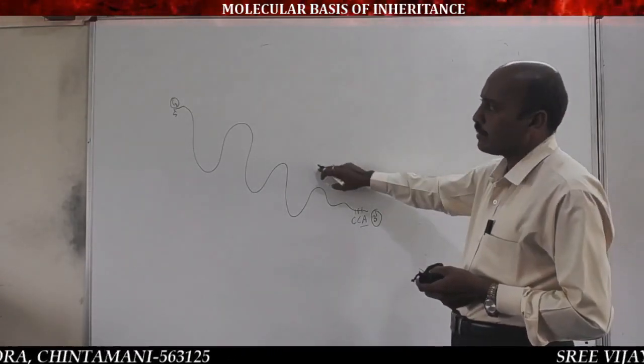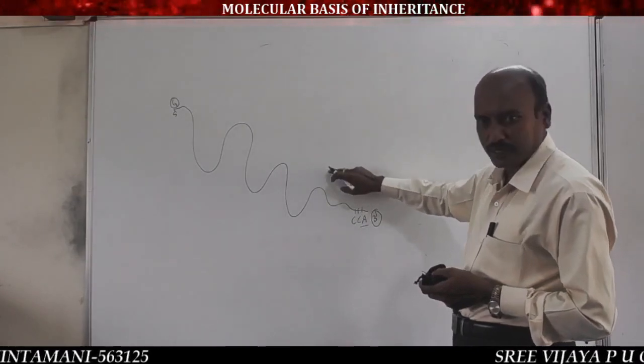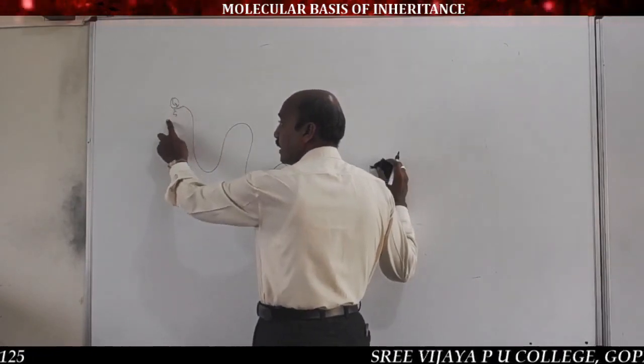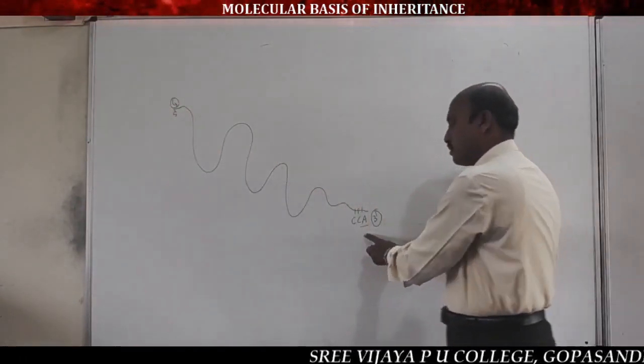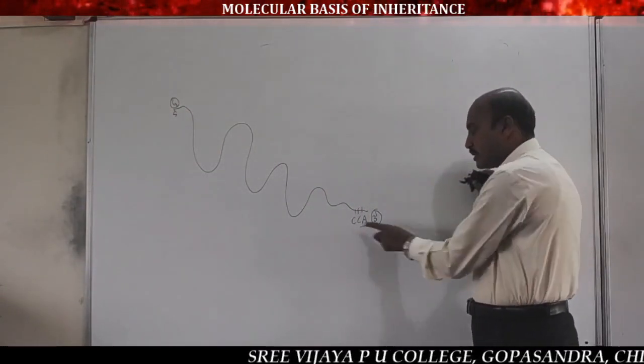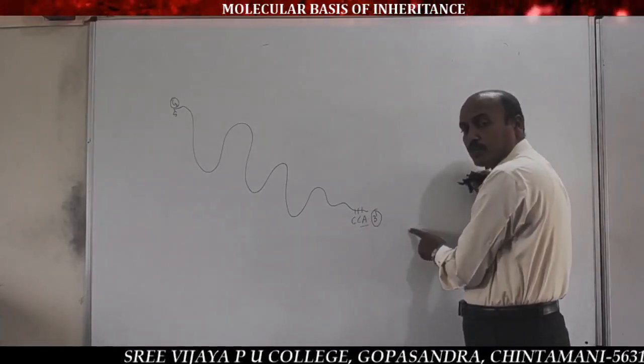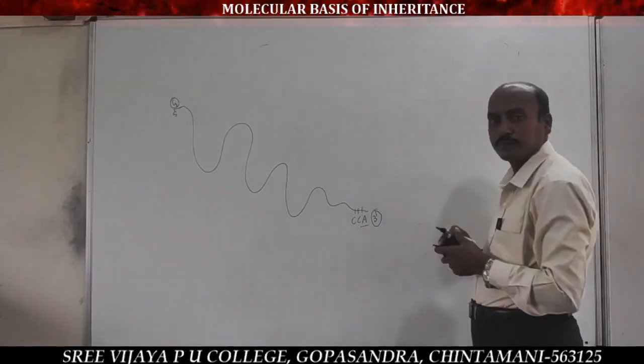It begins with a guanine nucleotide at the 5-prime end and ends with 3 nucleotides, CCA, cytosine, cytosine and adenine nucleotides, at the 3-prime end.